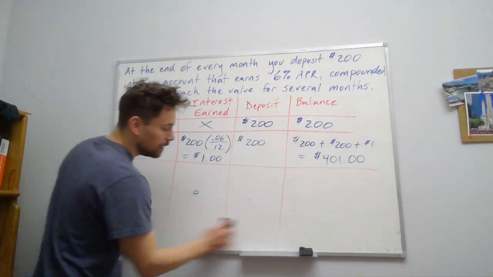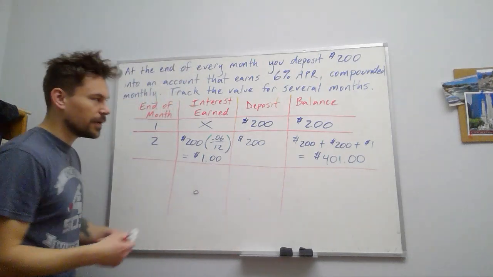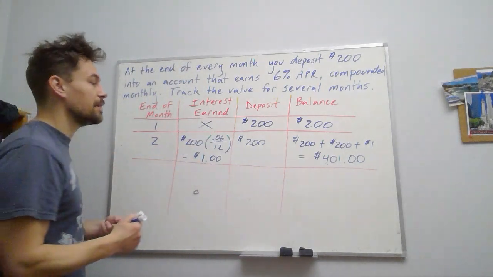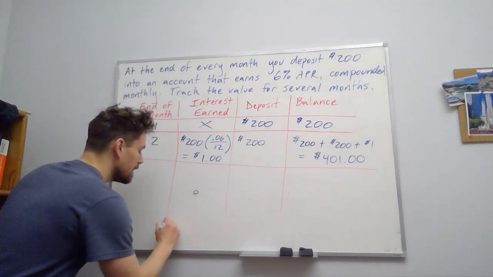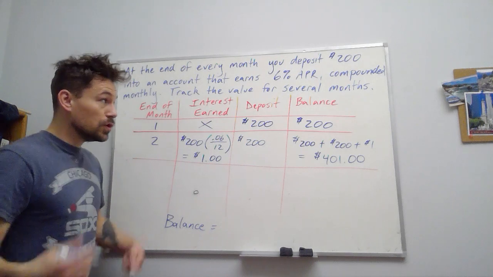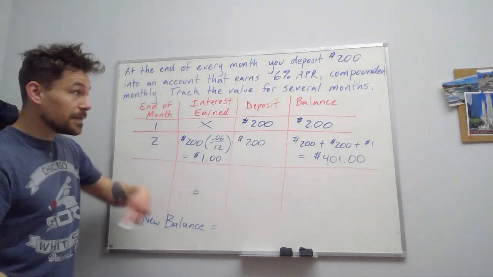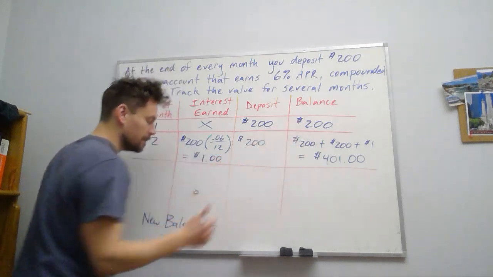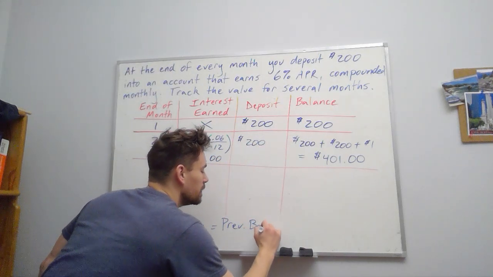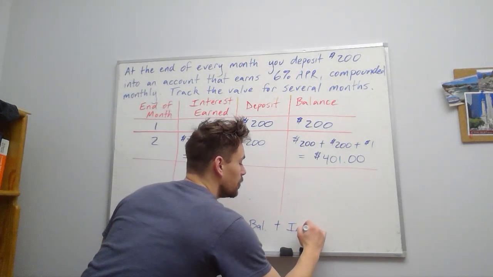Now, in general, if you want to take that formula that we just did and figure out how to find the balance if you have things broken down like this: the new balance is the previous month's balance, plus interest, whatever we gained.